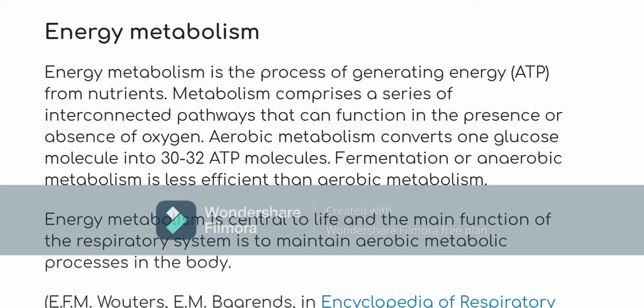For example, if we start running, we increase our breathing pattern. We breathe at a much higher rate, but at the same time, simultaneously, our cardiovascular system responds to this demand and increases heart rate.